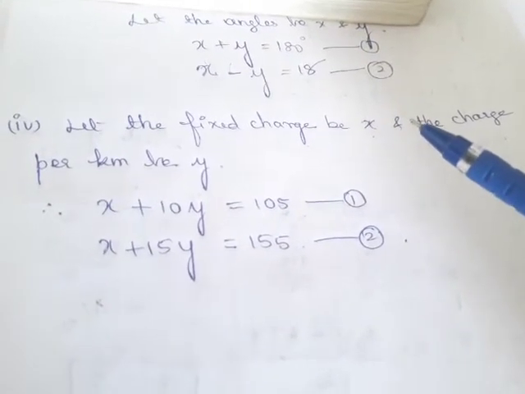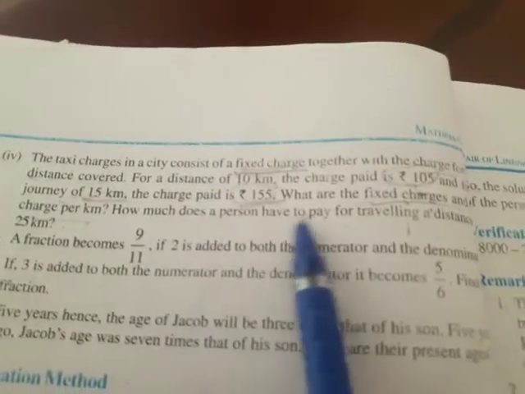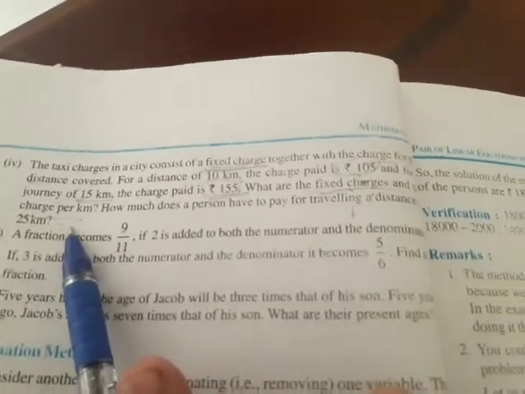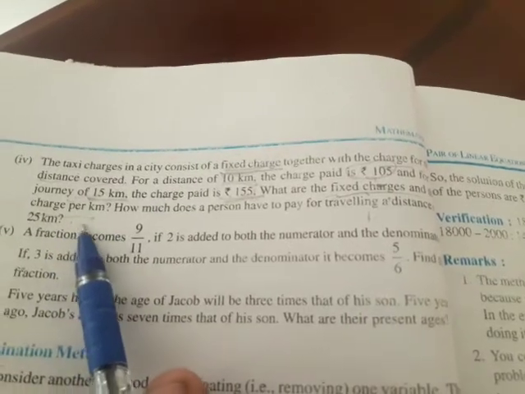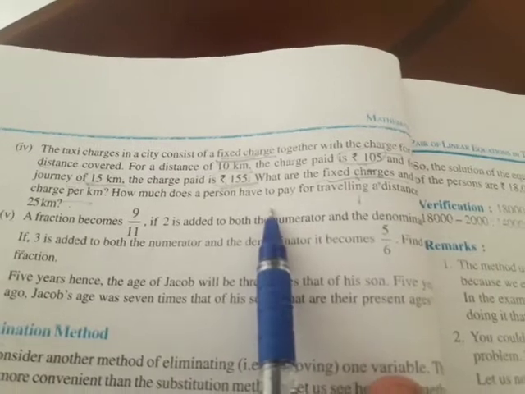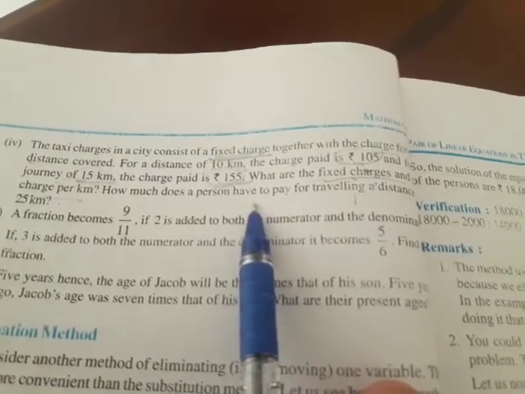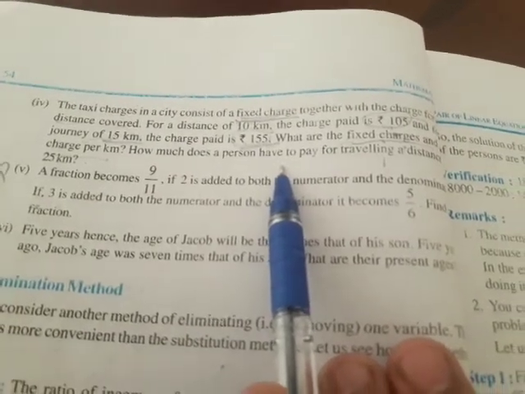But they didn't stop the question with this. They have given you one more question. See, how much does a person have to pay for traveling a distance of 25 kilometer? So now the kilometer is 25. They asked you to find the total cost. So how will you frame your equation here? You have to find out X plus 25Y, the fixed charge plus the charge for 25 kilometer. You know the value of X and Y, right?